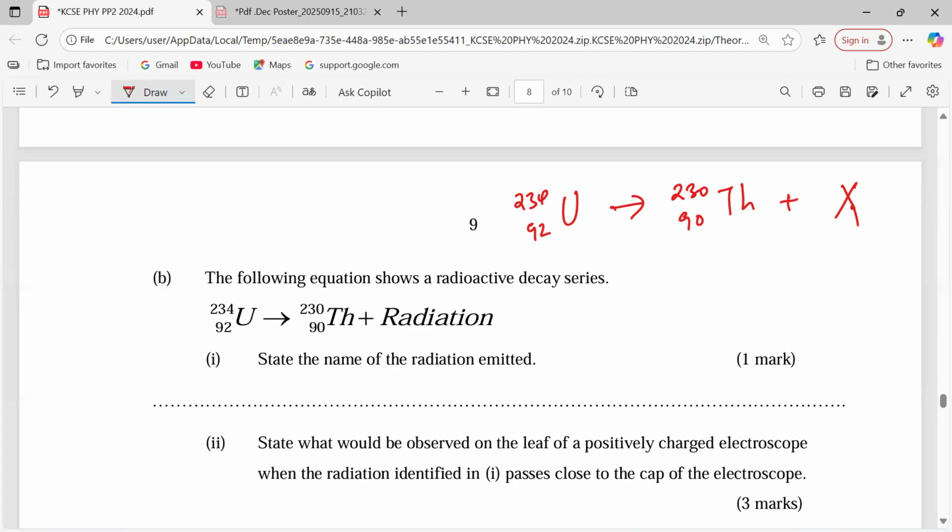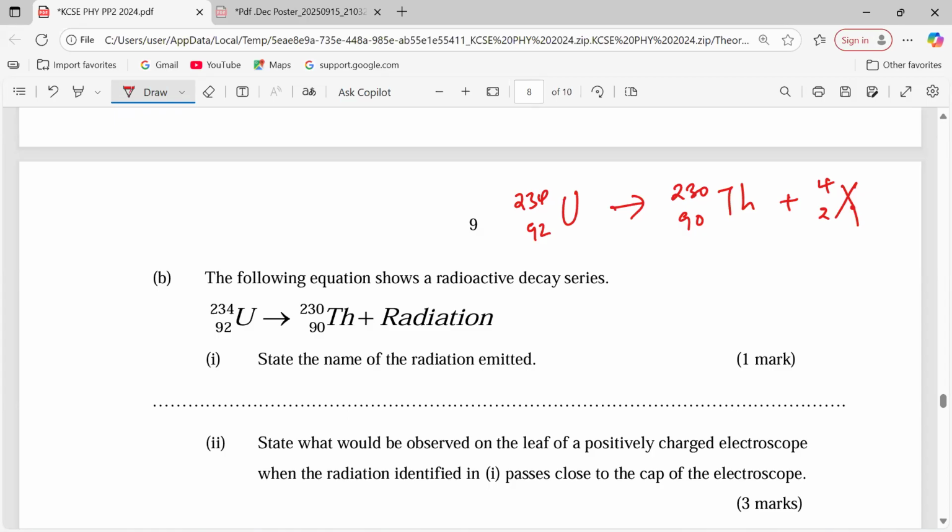This unknown radiation should have a mass number such that when we add it to 230, we get 234. So that's 4. And on the other side, it should have 2, so that when we add to 90, we get 92.